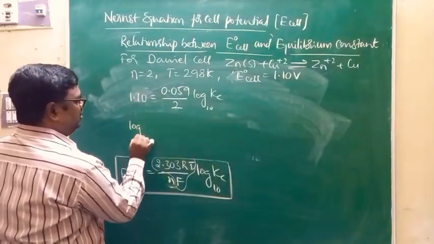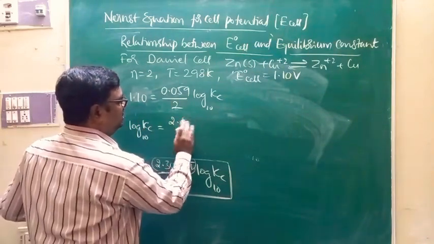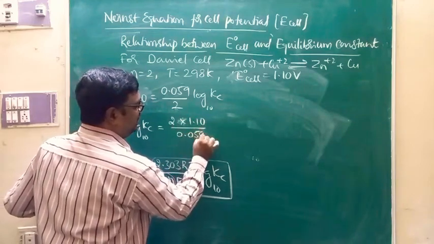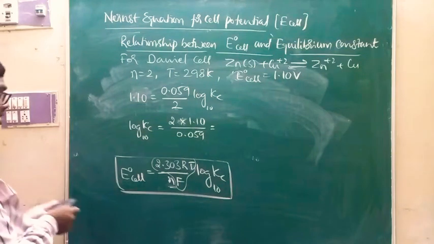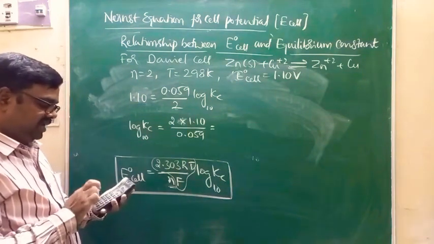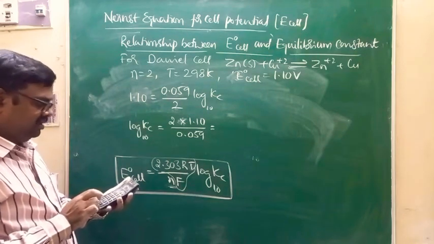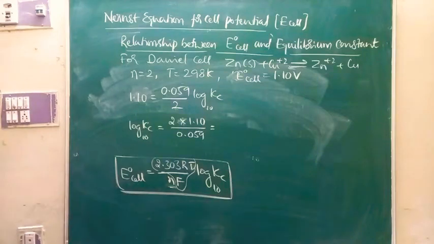Therefore log to the base 10 of Kc equals 2 into 1.10 divided by 0.059. Calculating it, 2 into 1.1 divided by 0.059 comes out to be 37.288.